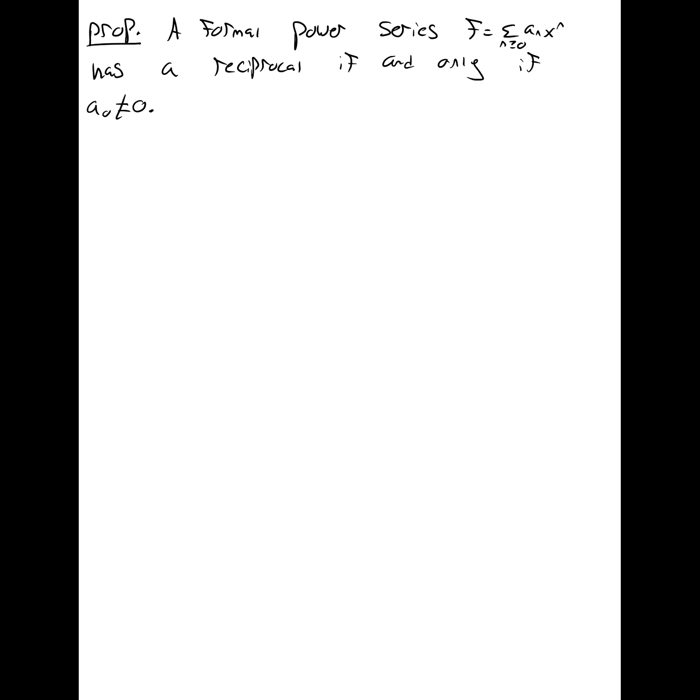A formal power series f, which will be equal to the sum from n equals 0 up to infinity of a_n x^n, so it's just a normal power series with coefficients a_n, has a reciprocal if and only if a_0 is not equal to 0.